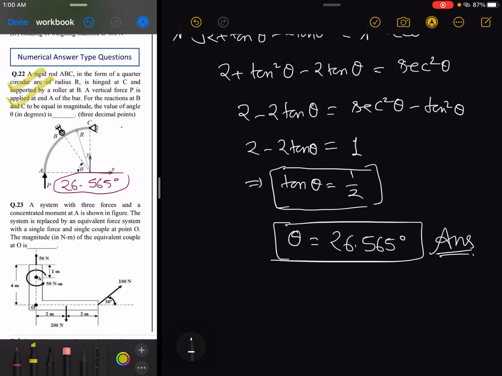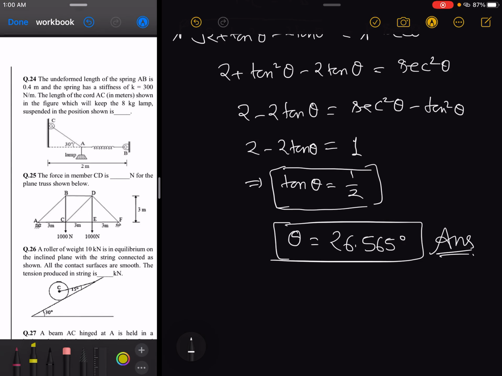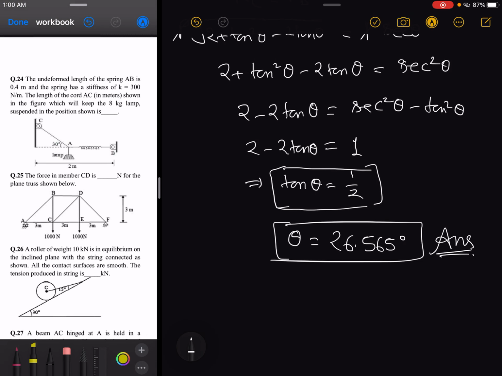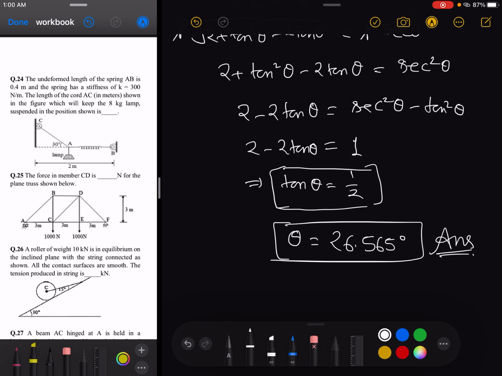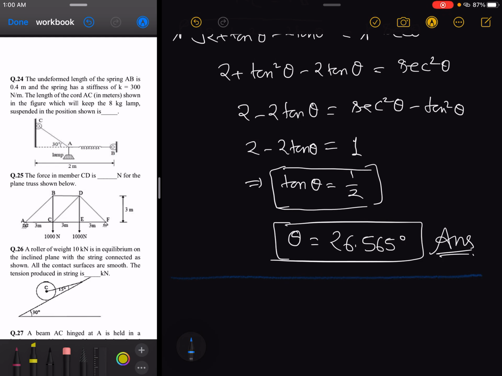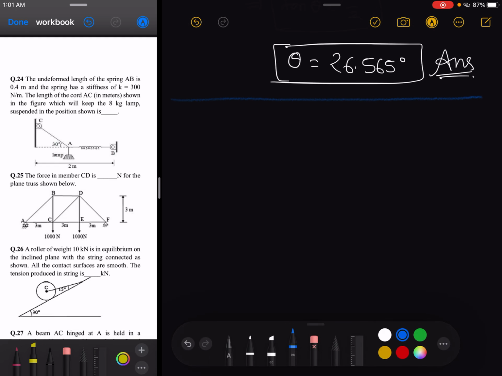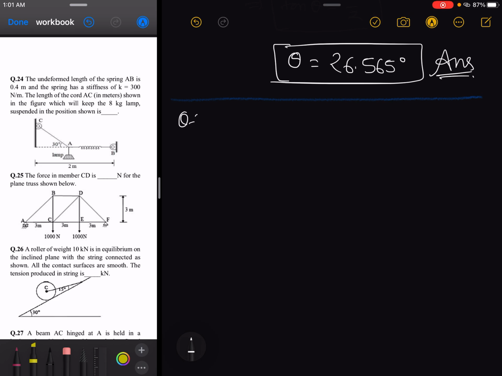So next we are going to solve the next question, that is question number 24. So we are going to solve this question number 24. Right. So we are having the question number 24 on our screen in the left portion.